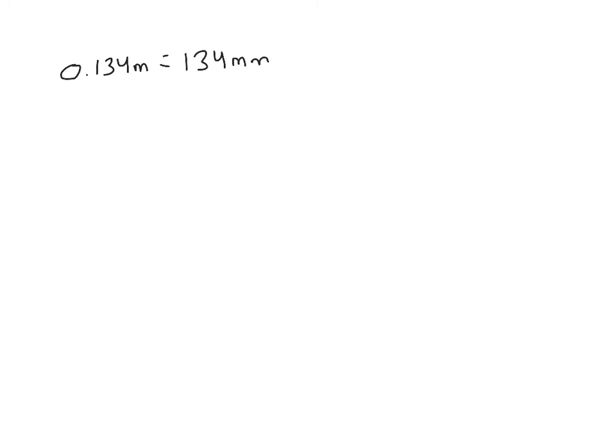We might also have an issue where either the problem starts this way or you end up with an answer in meters. So you might have 15 meters. And you will need to possibly use millimeters in your work. Well, this is even easier. 15 meters is you just write in what 10 to the power it is. 15 times 10 to the third power millimeters.